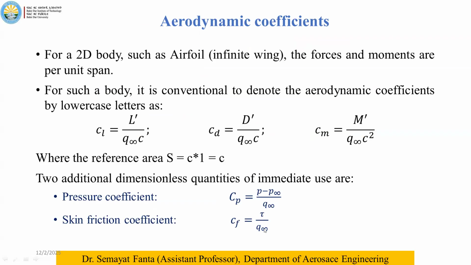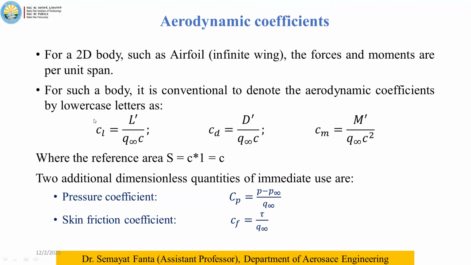Now, as I told you, for a two-dimensional body like an airfoil, the airfoil is an infinite wing because the aspect ratio of an airfoil is infinite. We consider only the chord length and the thickness of the airfoil. The span of the wing is not represented in the airfoil, so it is called an infinite wing.